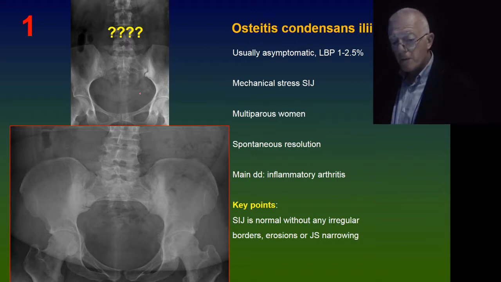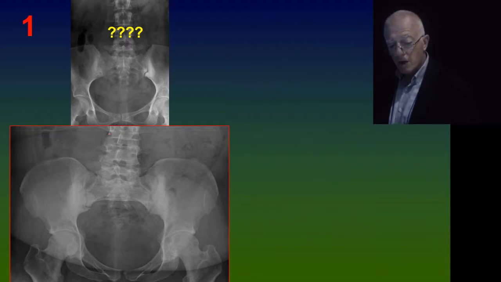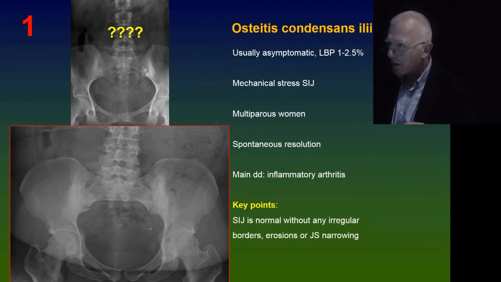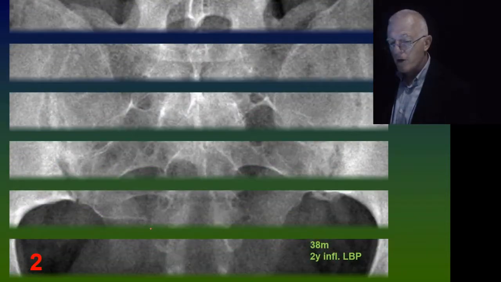I suppose that you saw that the sacroiliac joint itself is intact without any erosions, without any widening, and without any ankylosis. This is the point here. If we don't see erosions, if we don't see widening or narrowing, then the sclerosis alone, together with the fact that the ladies were, as you see, 55 and 63, not younger than 45, as the ASAS criteria suggest, this is the correct diagnosis.